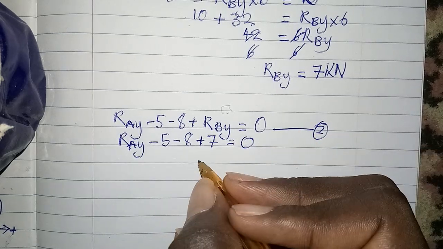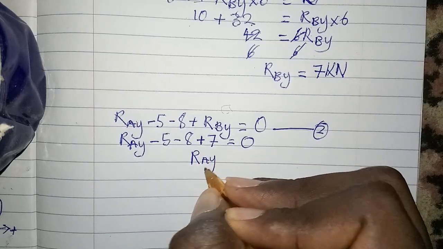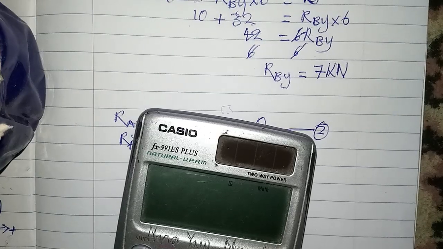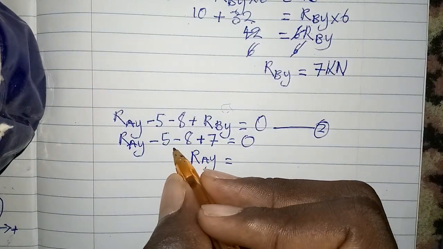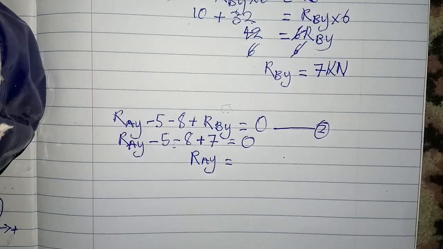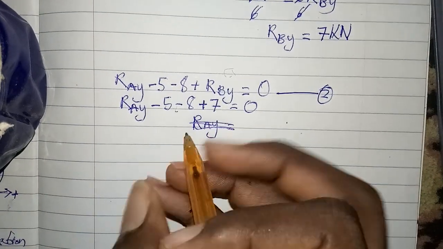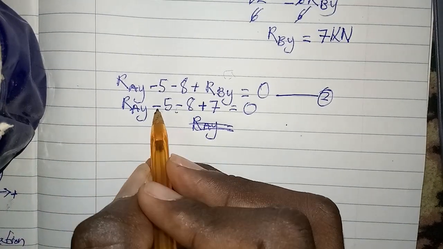So RAY moves over, crossing the equal sign.